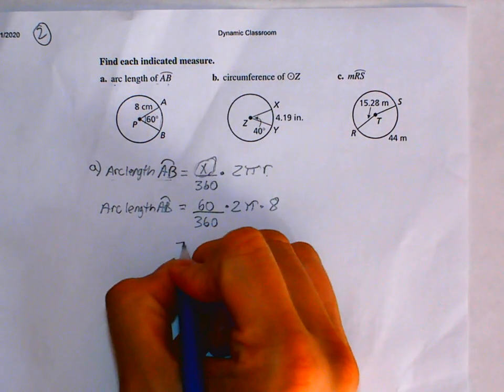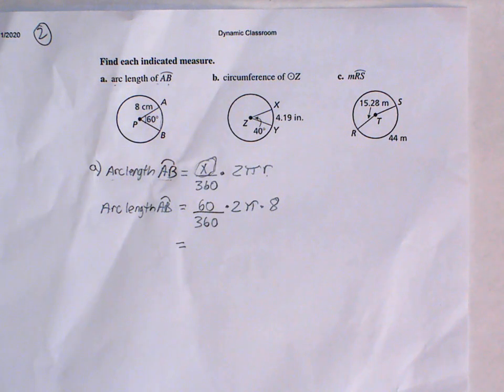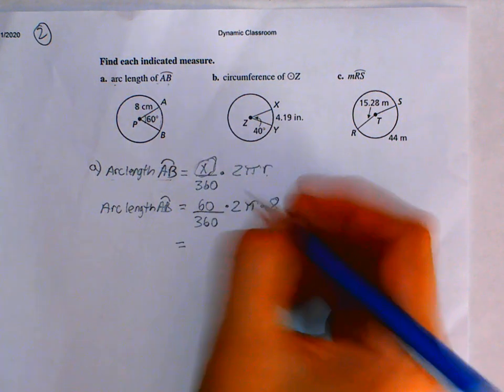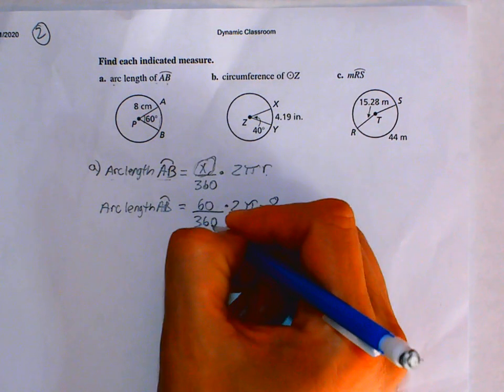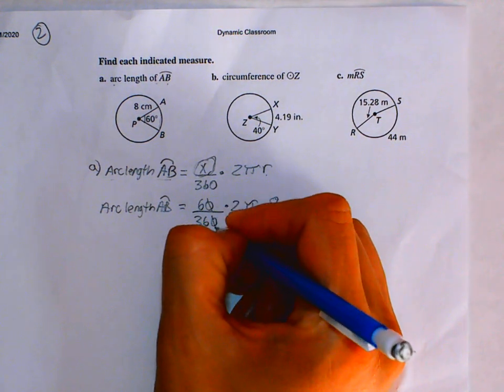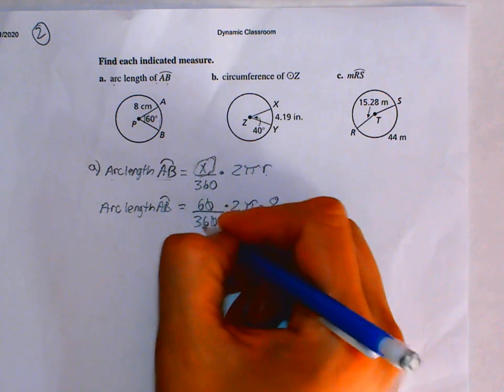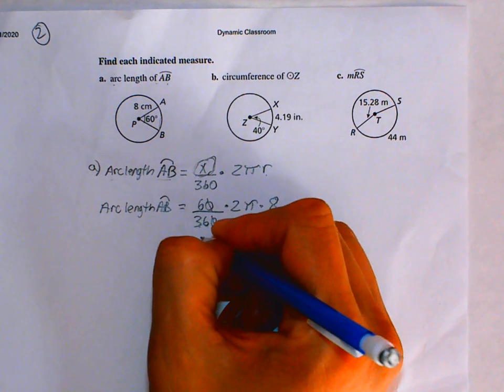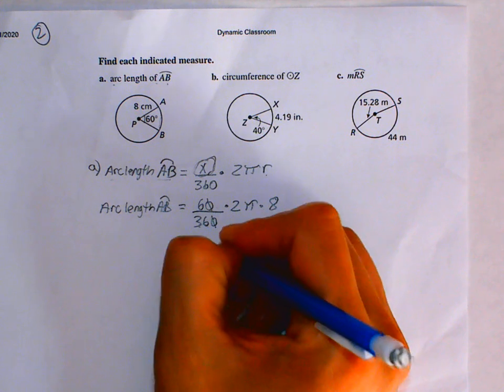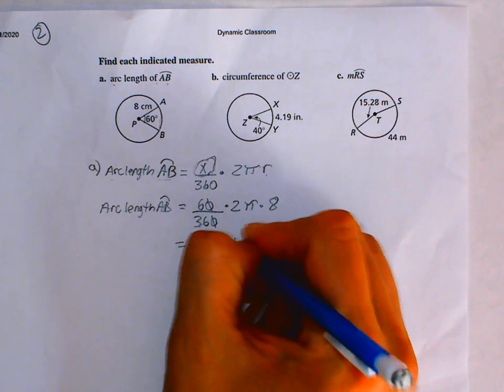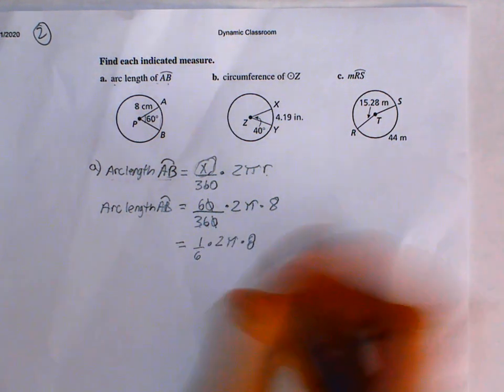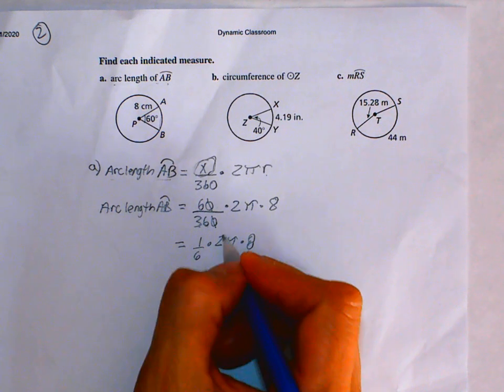Now, you want to simplify this out before you put it in the calculator. There's a lot of stuff you can simplify out here. So for example, the 60 and the 360, the zeros divide out. 6 and 36 are both divisible by 6, so that gives me 1 over 6 times 2 pi times 8. The 2 and the 6 are divisible by 2.